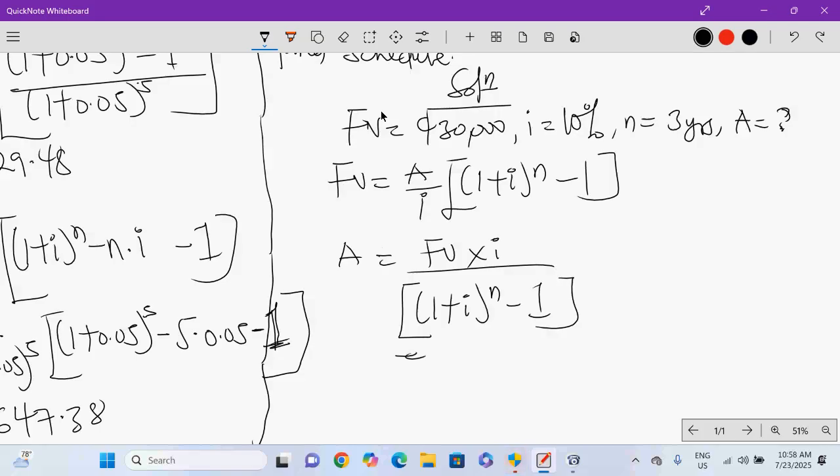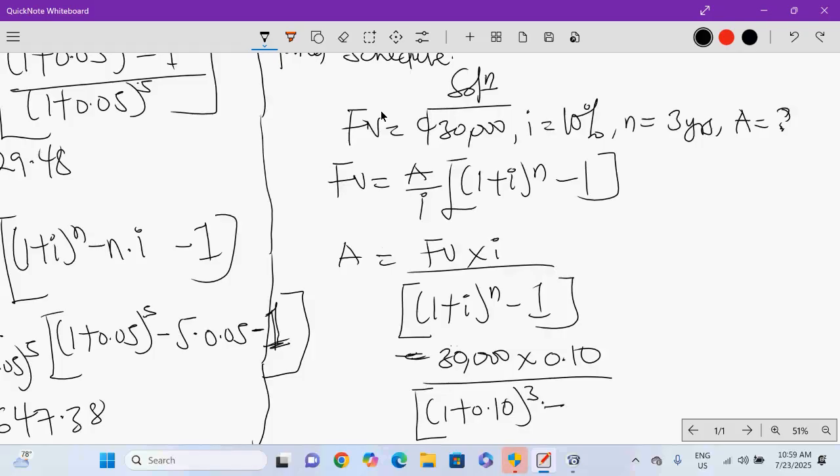So then, what is our future value? Future value is 30,000 times the interest. Interest is 10%, 0.10. Then we have 1 plus 0.10. The n is what? 3, minus 1.